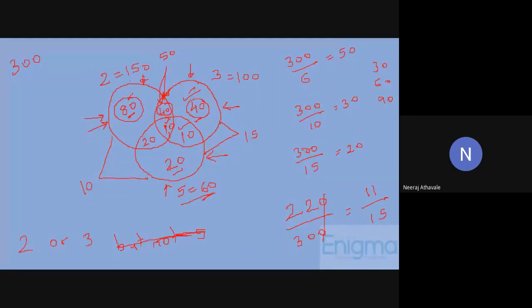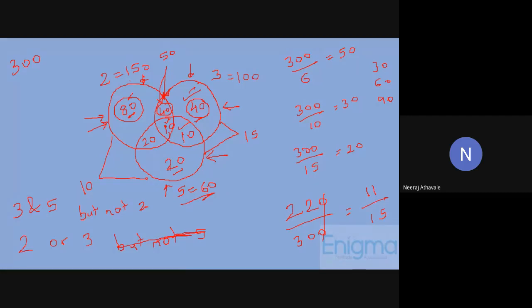How many numbers are divisible by 3 and 5 but not 2? 3 and 5 but not 2. Everyone pay attention to the wording. Wording is very important. The answer would be 10 over here.